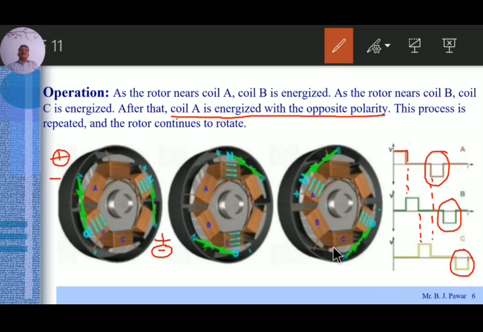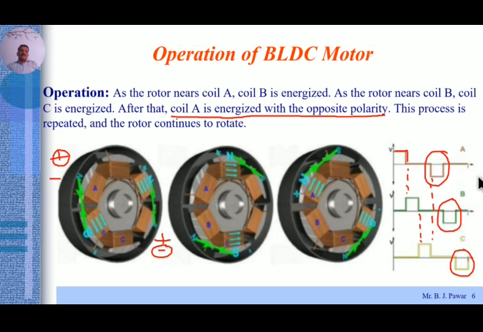Once this complete cycle is done, the rotor completes a rotation of 360 degrees whenever these two pulses are applied sequentially to it. So this is the main difference between the conventional DC motor and this one, that is BLDC.